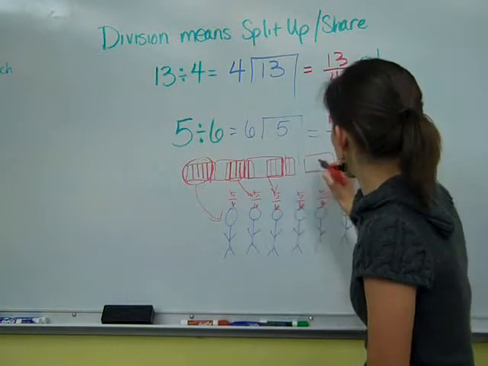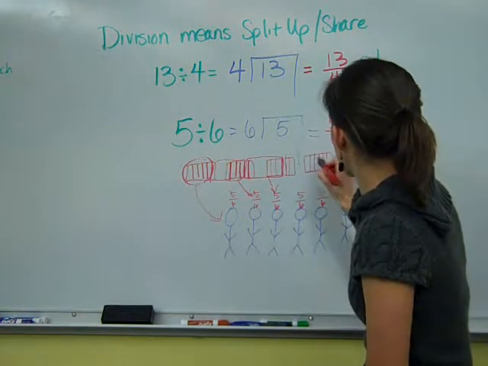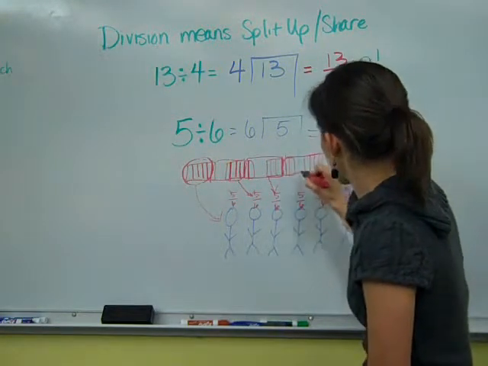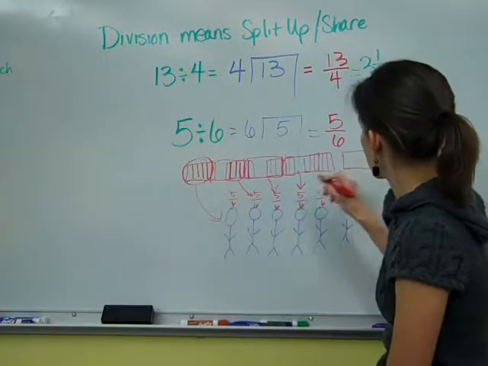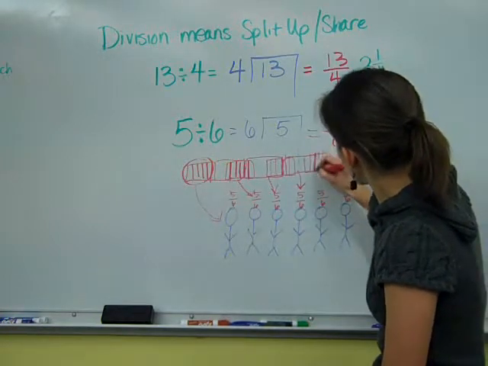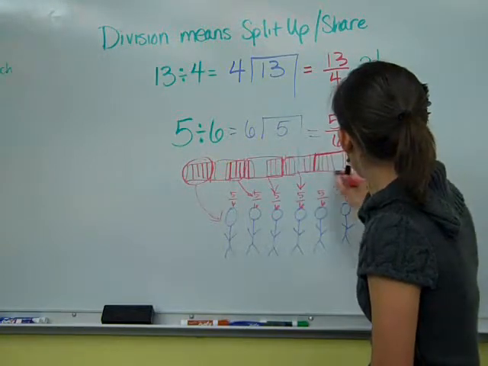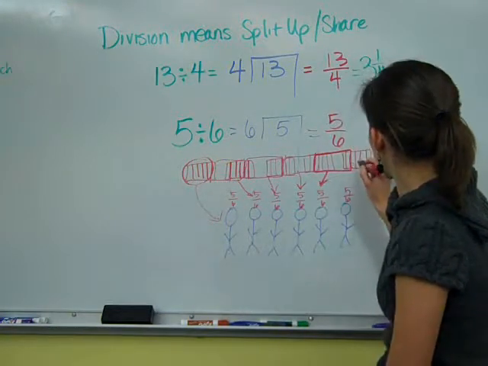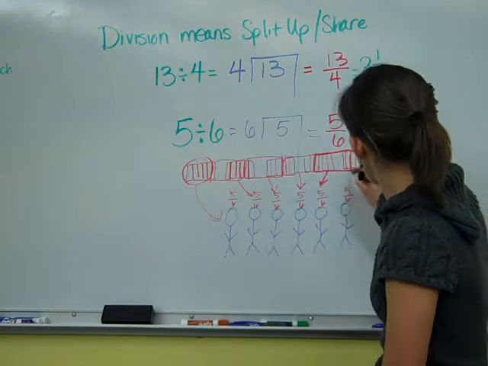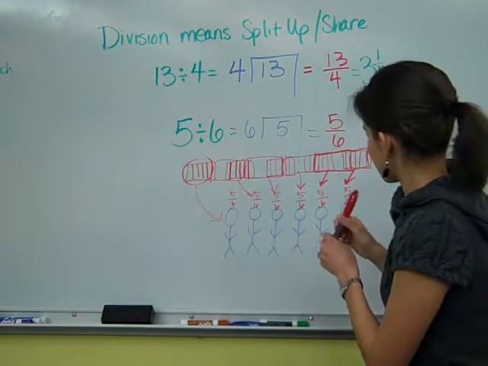That'd be going to this person. This would be going to that person. And this 1, 2, 3, 4, 5 would be going here.